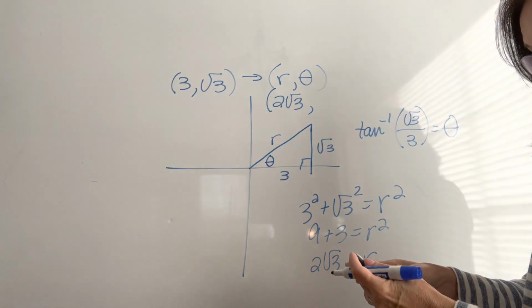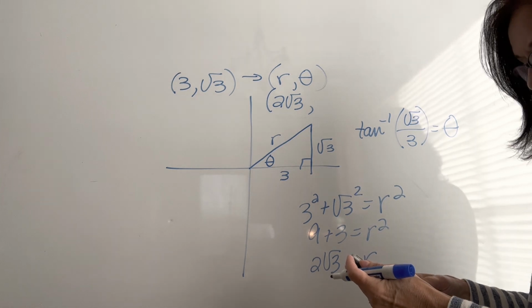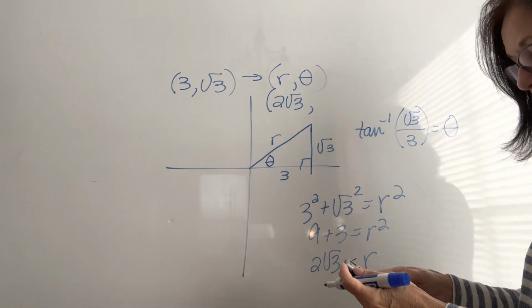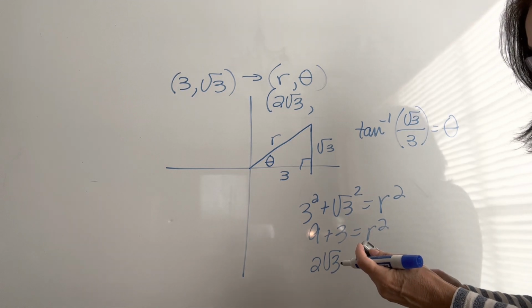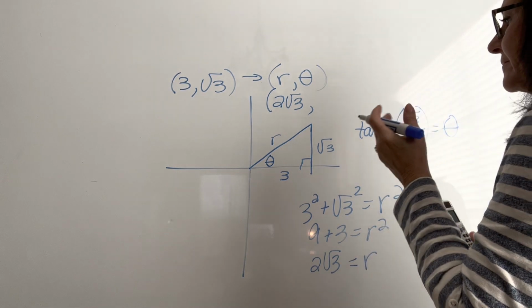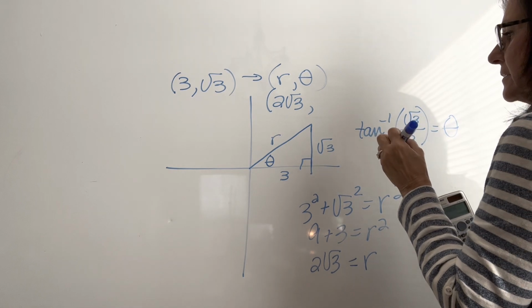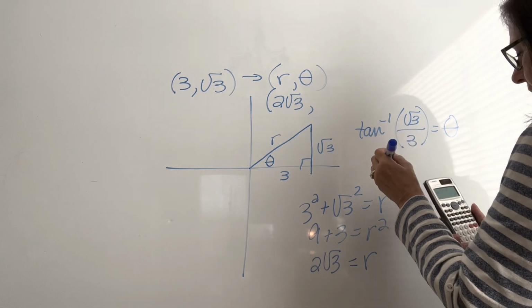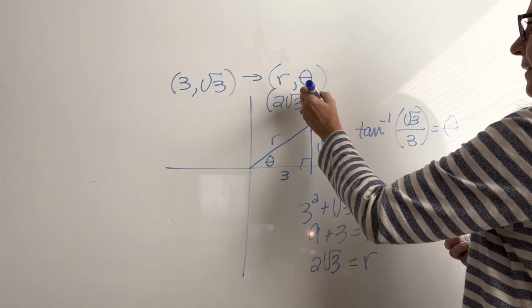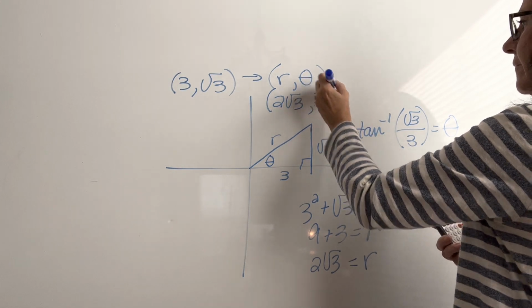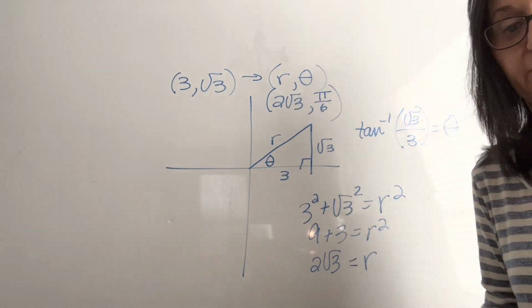All right, so second tan, square root of 3 divided by 3. So it's pi over 6. I should have known that. It's pi over 6. All right, I'm glad I put it in radians.